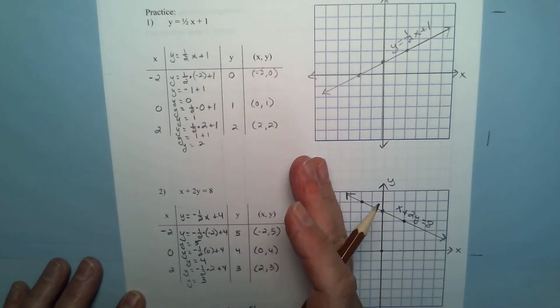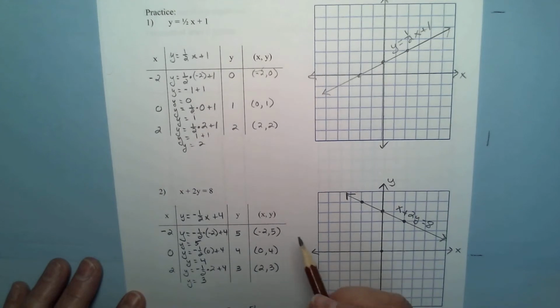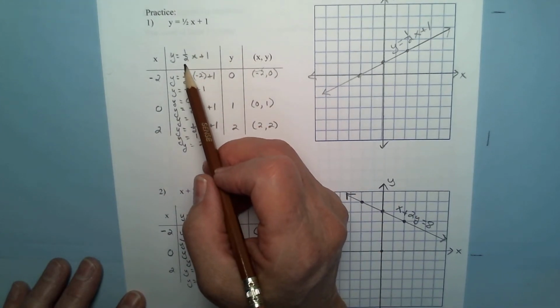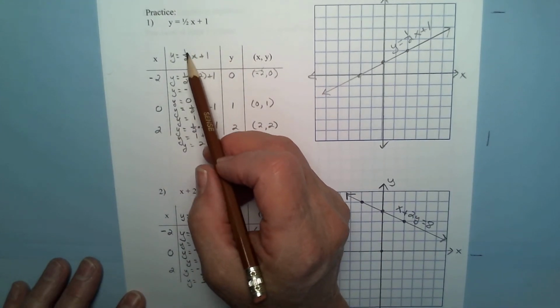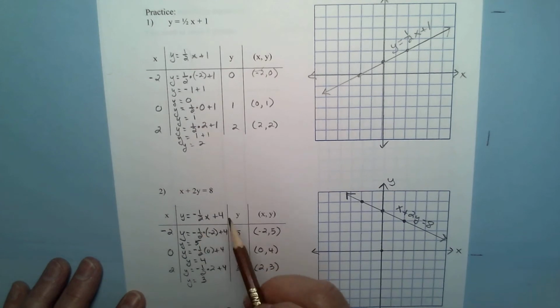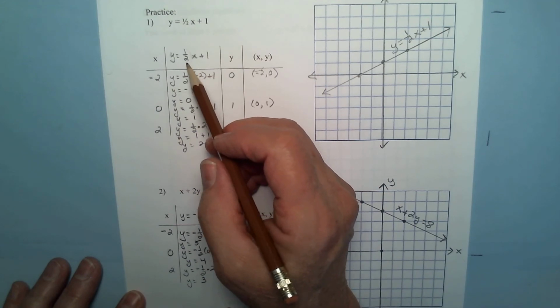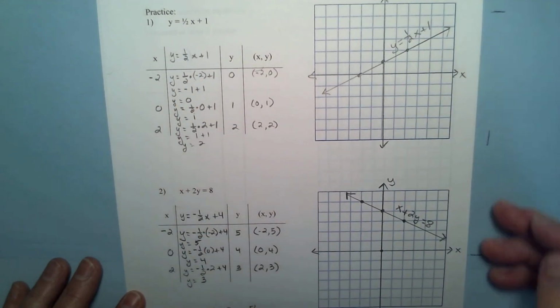This one is decreasing as you move from left to right. That's because in this equation, the coefficient is positive, and in this equation, the coefficient is negative. That's a huge clue. When the coefficient in front of the x is negative, the line is going to decrease. When the coefficient in front of the x is positive, it's going to increase.